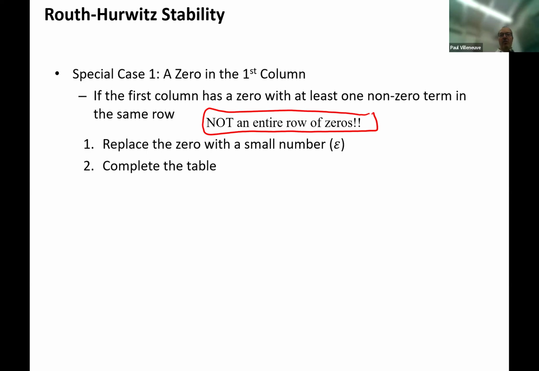And that's going to allow us to do our calculations and complete the table. So we're going to complete the table with our variable, E. And then when we're done our work, we're going to let E approach a really small number and then see if we get any sign changes. So kind of reiterating, if you have a 0 only in the first column, replace it with the variable E, continue your work, and then at the end, when you do your evaluation checking for sign changes, see if you have any sign changes by allowing E to go very, very small, basically go to 0, but not actually 0, so you can look and see what the results are.